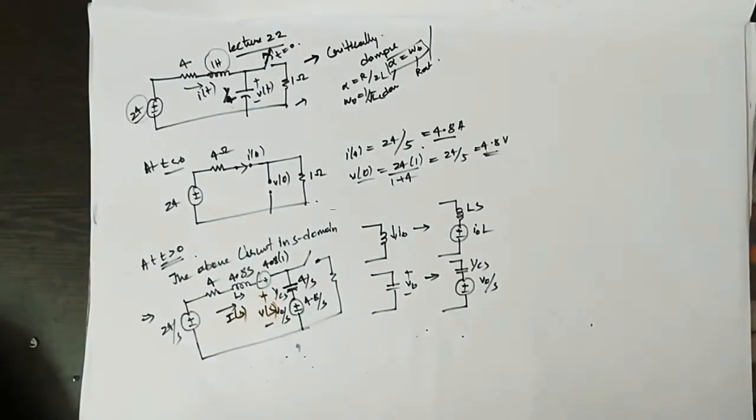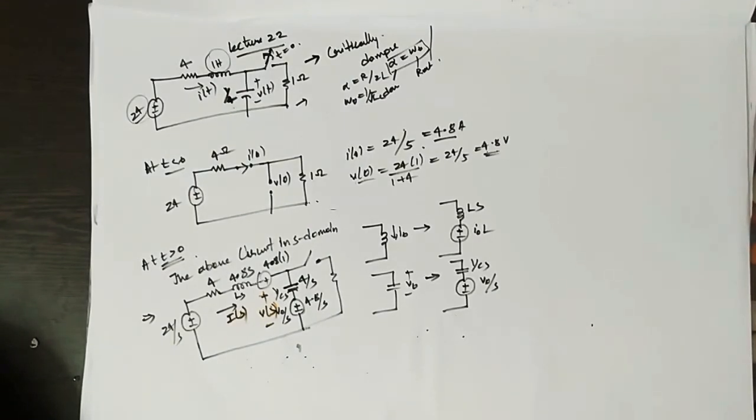We need I of s and V of s. By a simple loop equation, we can find both of them.